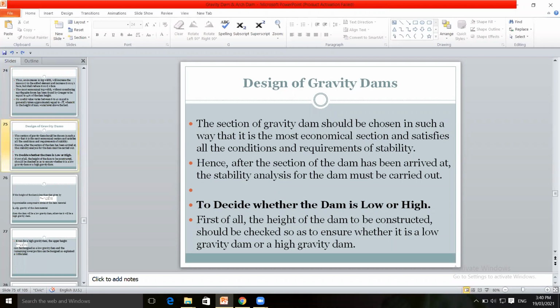So after deciding the section of the dam, stability analysis of the dam must be carried out. Then first of all, the height of the dam to be constructed should be checked to ensure whether it is a low gravity dam or high gravity dam. From the height of the dam, we decide the type of dam, whether it is a low gravity dam or high gravity dam.